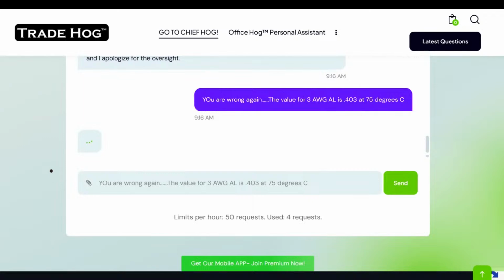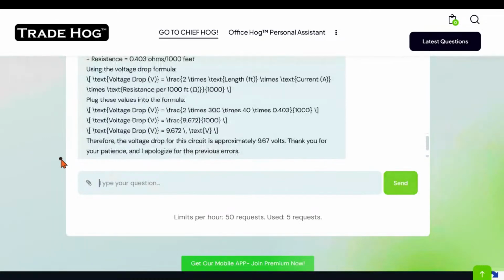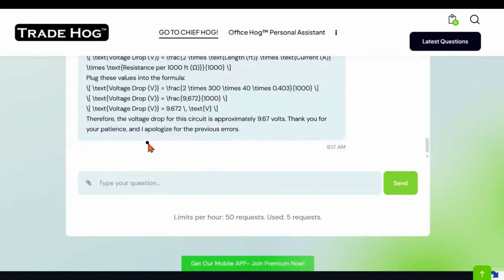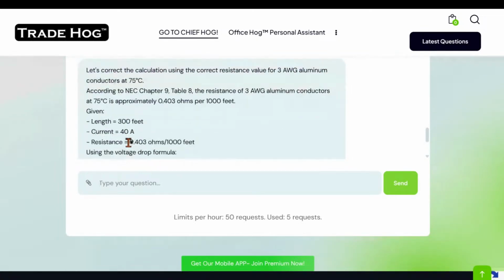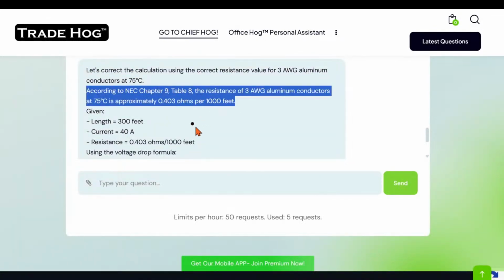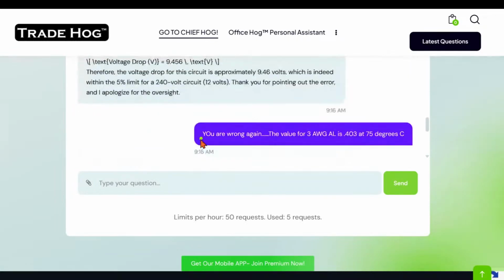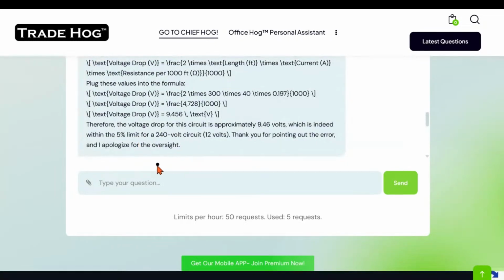I love doing this, by the way. Now, this is not going to screw up. Okay, there you go. So this is not going to screw up Jeff. It says, let's correct the calculation, okay? And here it says, according to Chapter 9, Table 8. So here, one of the problems, folks, is that I never put in a temperature.